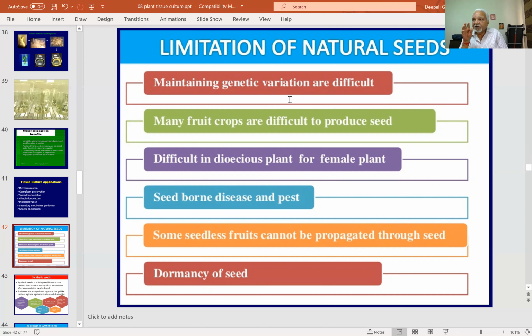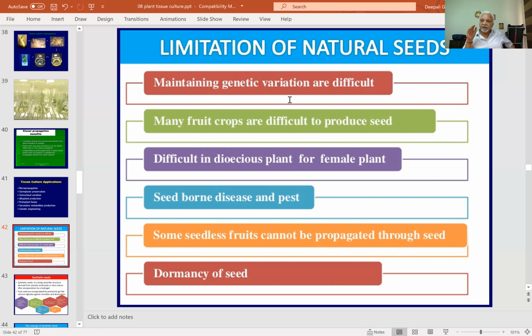First, let us look at what the limitations are when it comes to preservation through normal seeds. You can just collect the seed and preserve, and that's how germplasms are preserved. But that has some limitations. That is, how to maintain the genetic variation in a normal seed stock if we are preserving seeds directly. So genetic variability maintenance is a difficult factor.